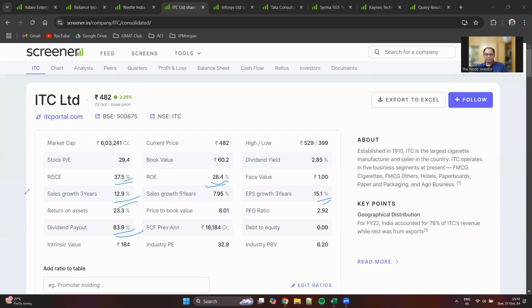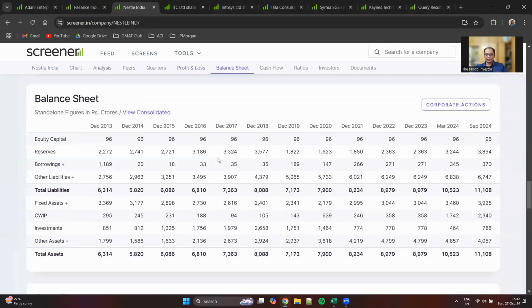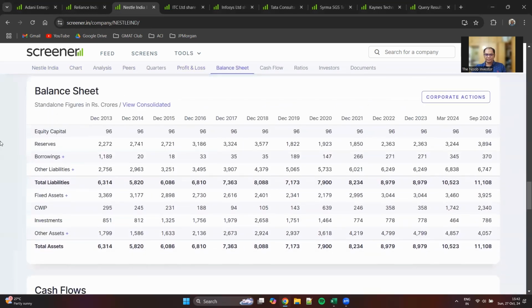Correct. Now, if you see, this is a very clear example in, let's say, Nestle. I'll take you to the balance sheet. Right. If you see, their cash holdings have not increased much since 2013, from 2,200 crore to 3,900 crore. That's all. In fact, their cash holdings reduced in 2020 and 2019.